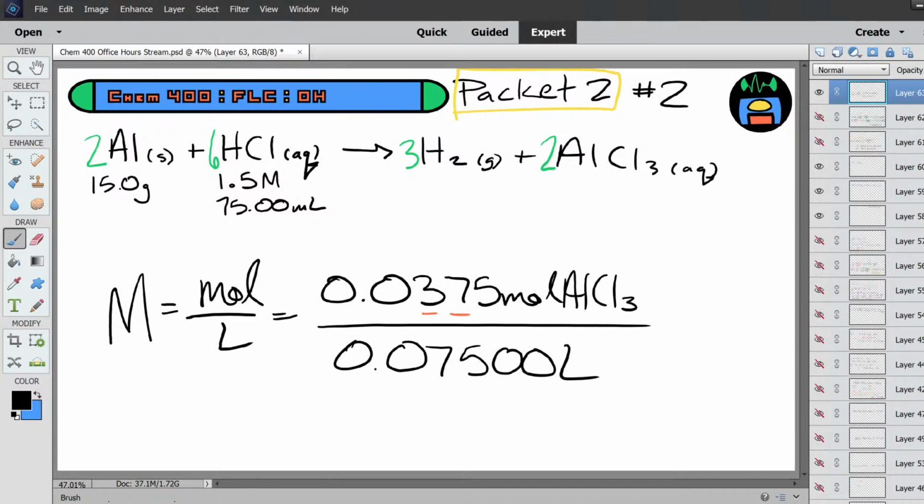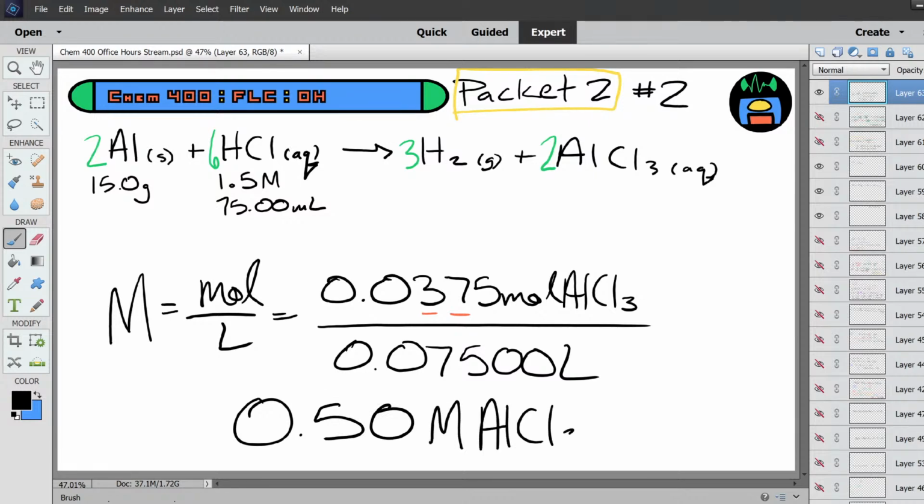So 0.0375 divided by 0.07500 gives us a molarity of 0.5, is what my calculator tells me. I need 2 sig figs though. So 0.50 molar aluminum chloride is the concentration of the solution of aluminum chloride that is produced.